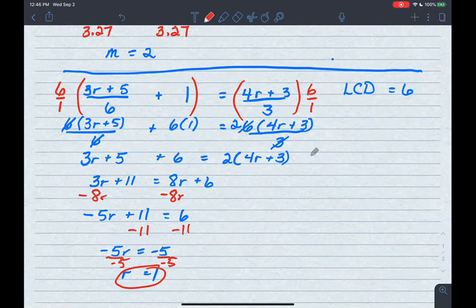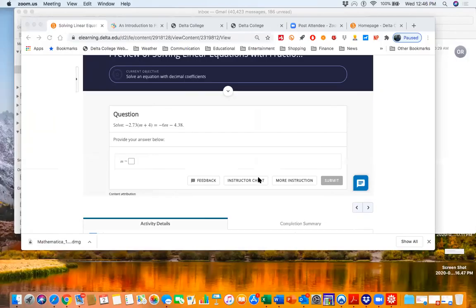Any others in there? Were there any even messier than that? Should we go back and look? I'm going to go back to my desktop and switch us out to, let's see, this one was m equals 2?